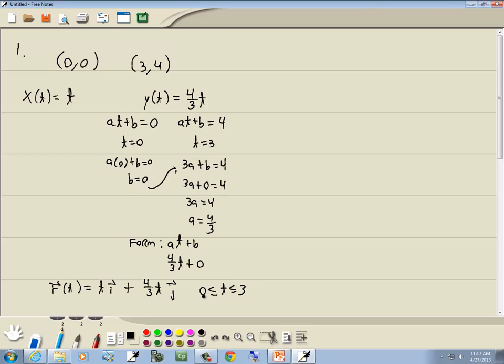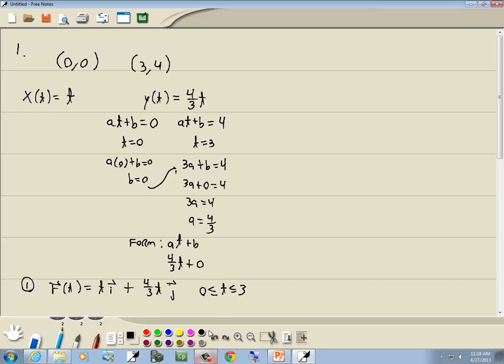Well, let's start with our first t value, 0. If I put 0 here, I get x equals 0. That works. If I put 0 here, I get 4/3 times 0, which is 0. So that works. Now our ending t value is 3. If I put 3 in for the t here, I get x equals 3. That works. If I put 3 here, 4/3 times 3, the 3's cancel, we get y is equal to 4. That works. So that's our first piece.